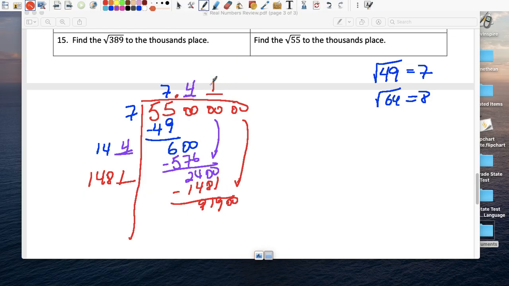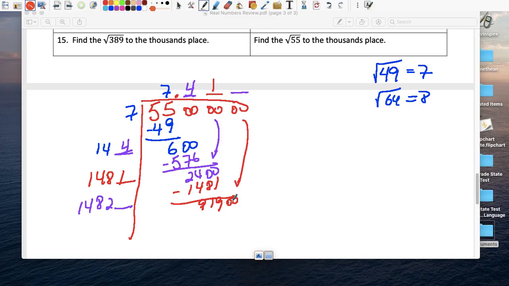Let's double the top, 741. It's going to be 1,482, and then add a place value, right? So this is about 14,820 something. This number at the bottom is 91,900. 1, 2, 3, 4.